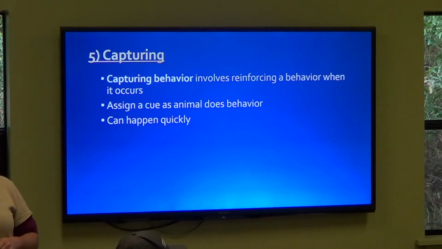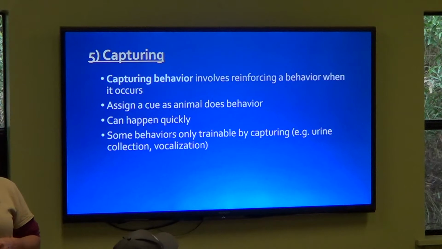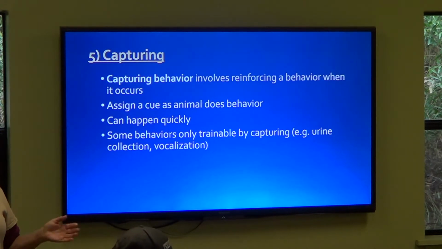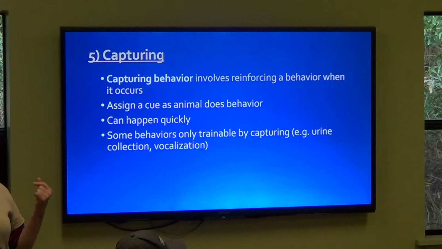With capturing, sometimes it can happen really quickly. And of course, there are some behaviors that are really difficult to actually shape through lots of small steps. And those include things like training an animal to urinate on cue or vocalize or something like that. So you really can only capture them.